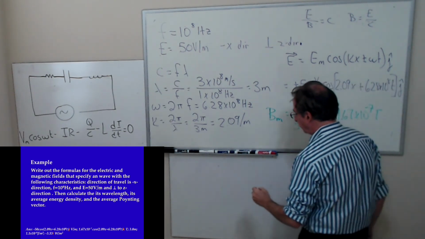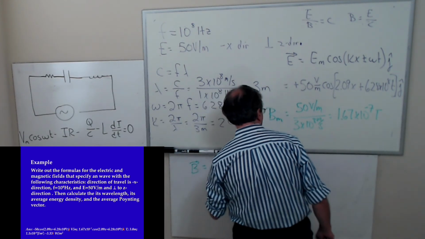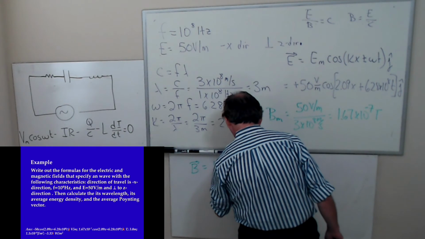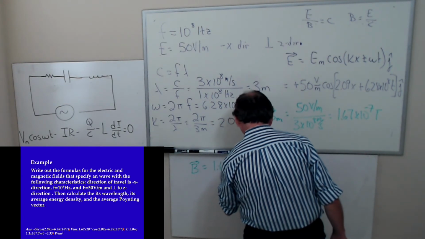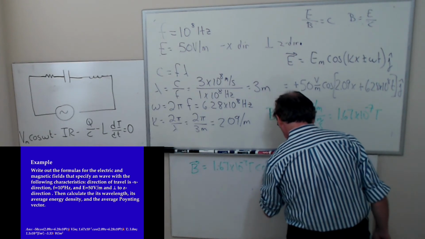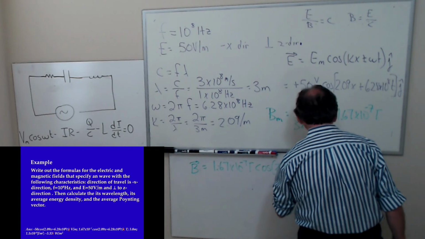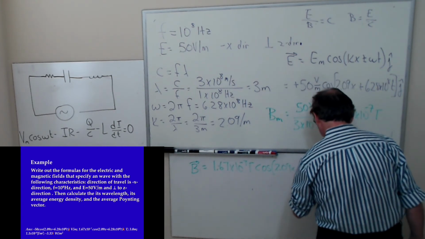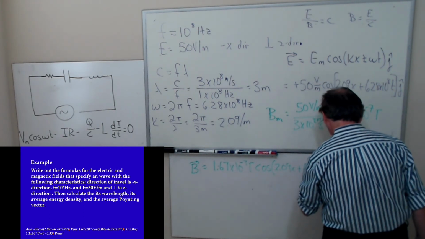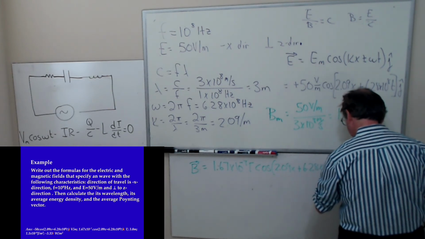So the magnetic field is going to be 1.67 times 10 to the minus 7 Tesla cosine of 2.09x plus 6.28 times 10 to the 8th t.